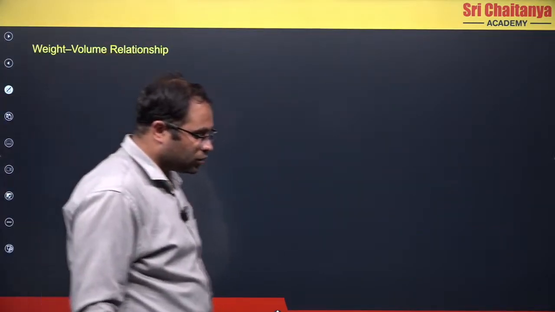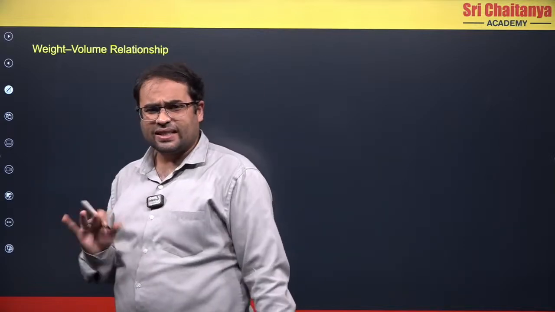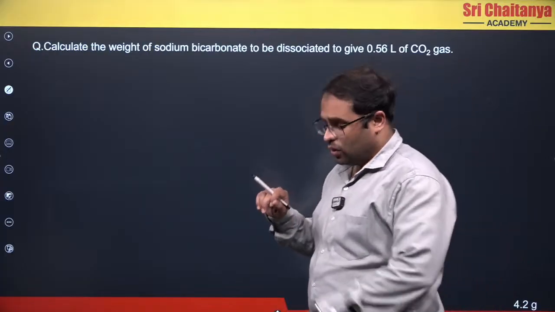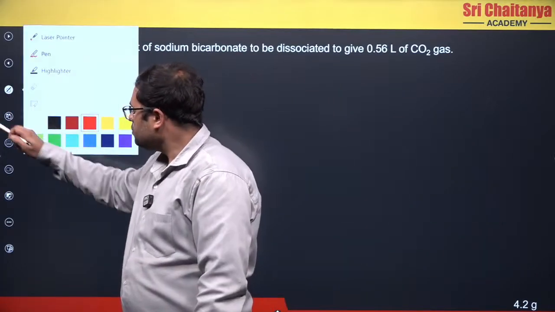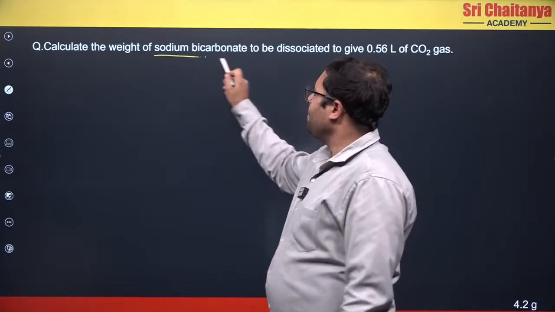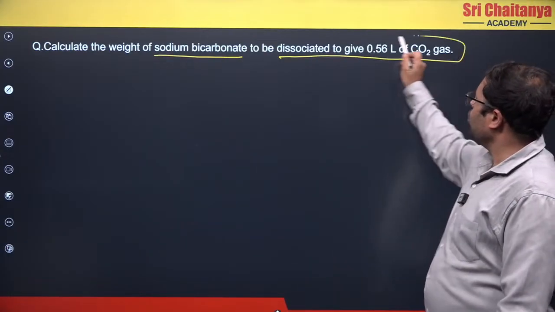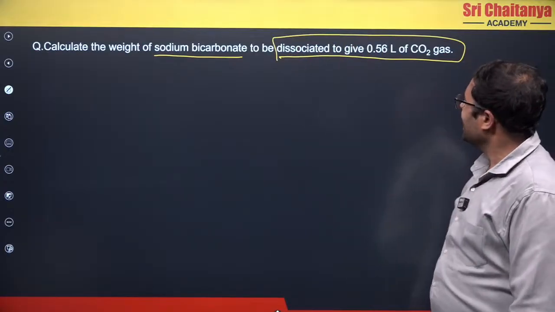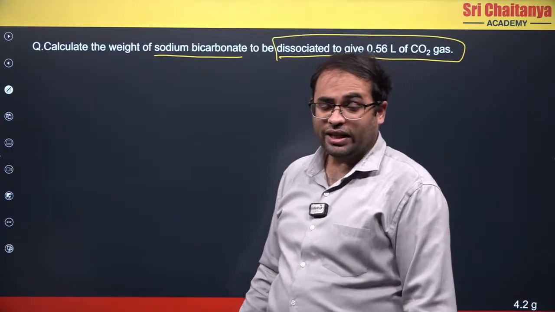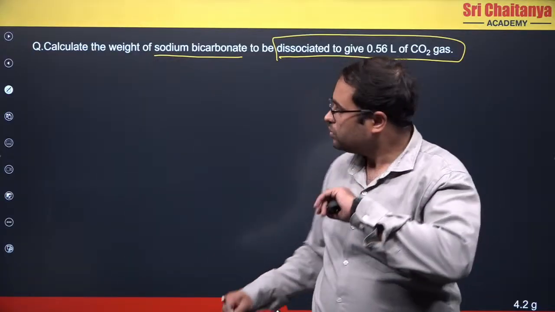Moving on to the weight volume relationship. Now weight volume relationship, let us understand this through an example question. Calculate the weight of sodium bicarb to be dissociated to give 0.56 liters of carbon dioxide gas.